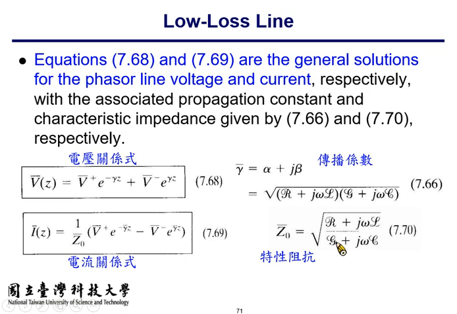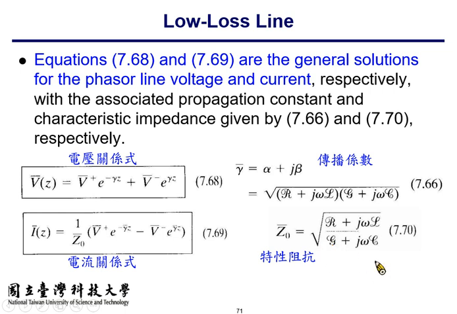Another important parameter for characterizing the transmission line property is the characteristic impedance Z sub 0. Conventionally, for a lossless transmission line, the characteristic impedance is a pure real number.